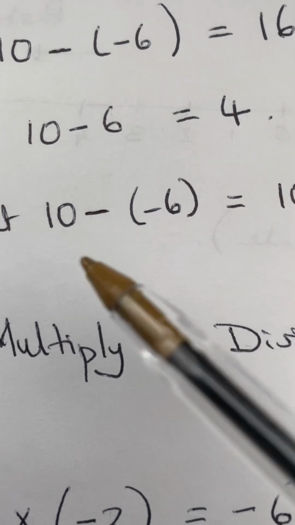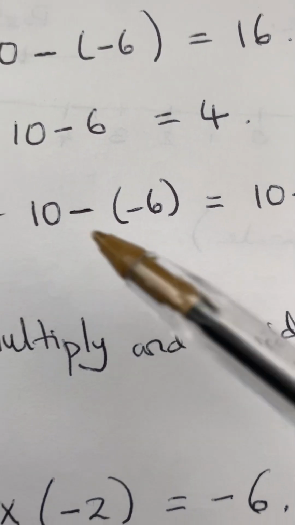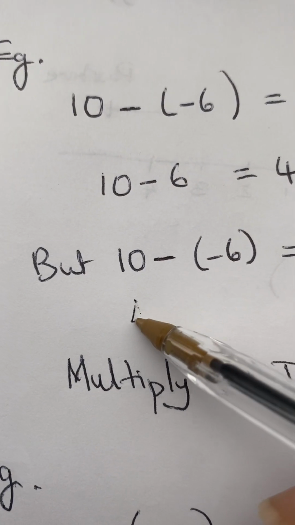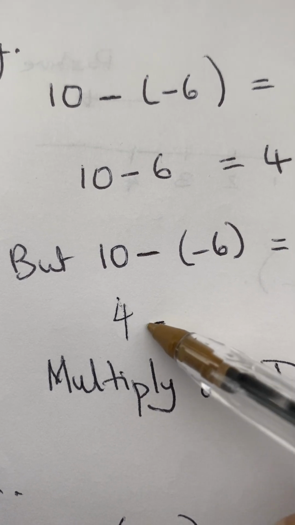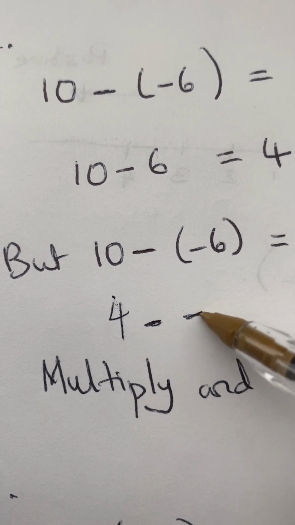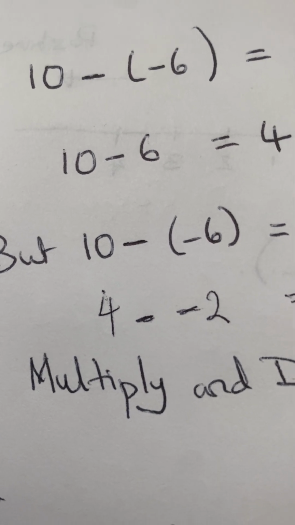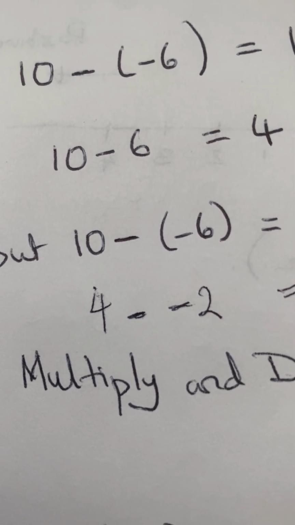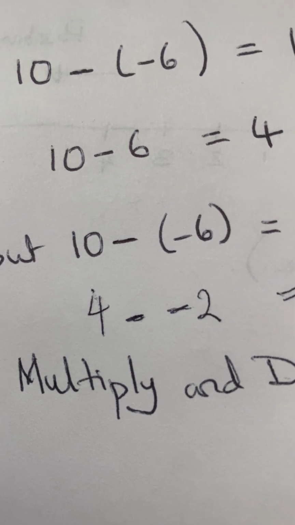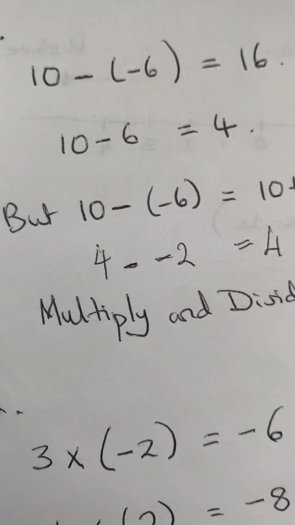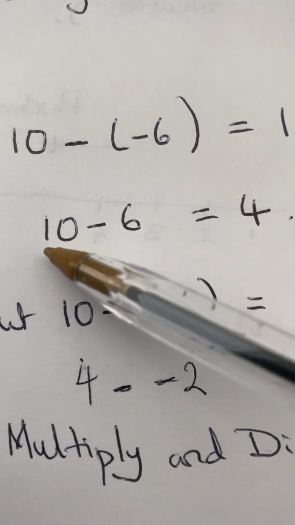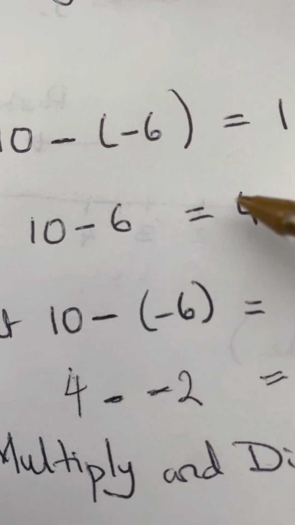So after what I've done here, 10 minus minus 6 is the same as 10 add 6, which is 16. If you have a situation like 4 minus minus 2, your answer becomes 4 add 2, which is 6. But if you have 10 minus 6, that is 4.